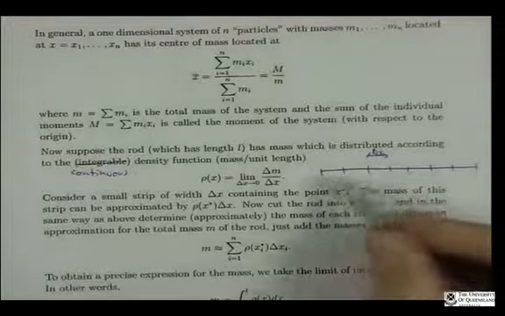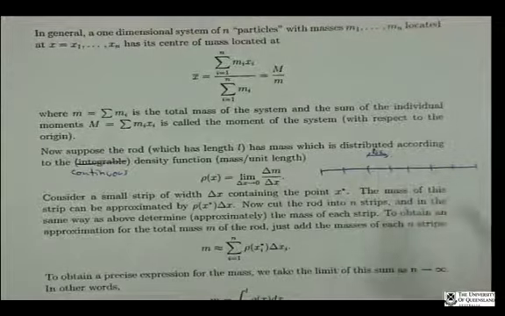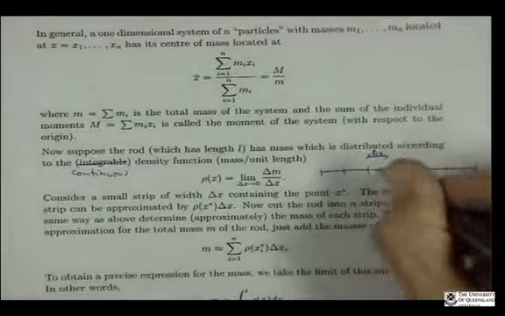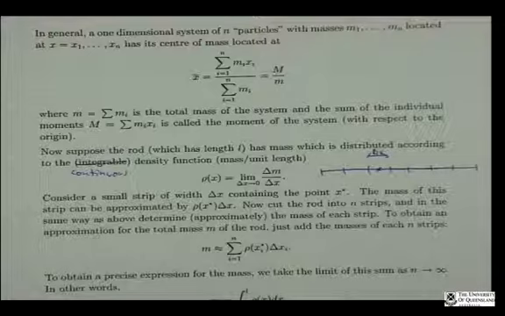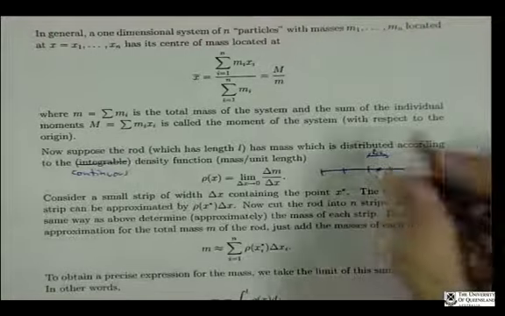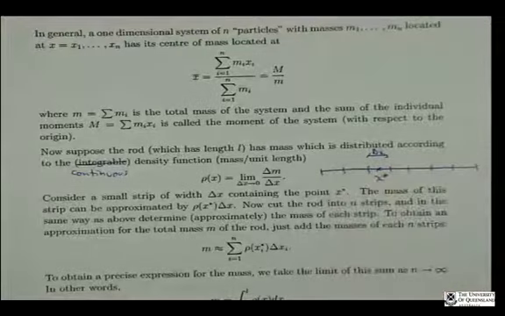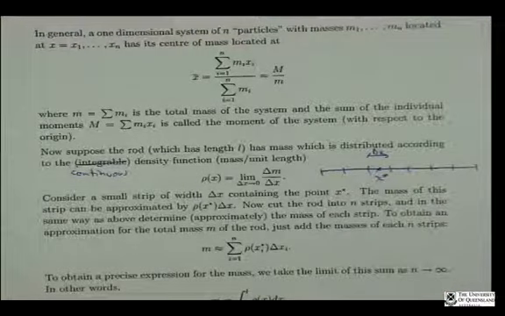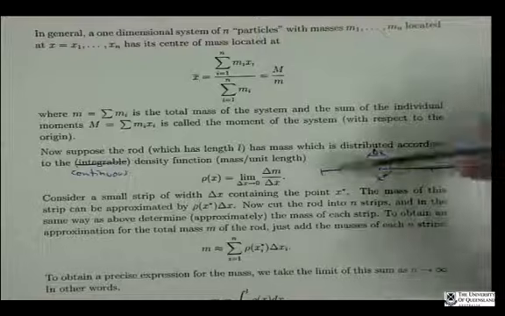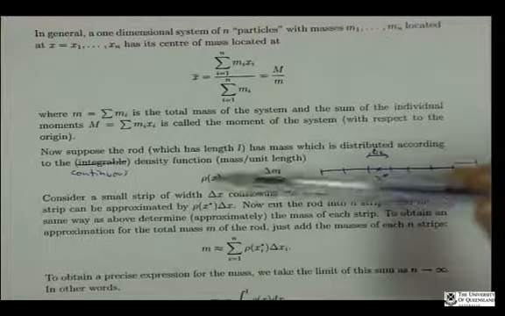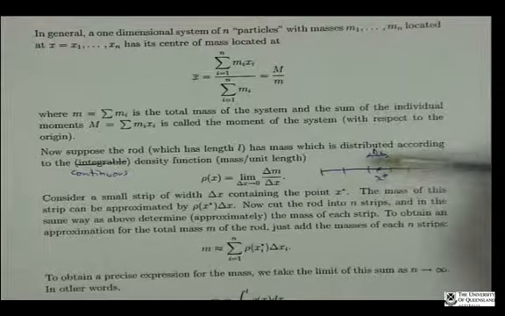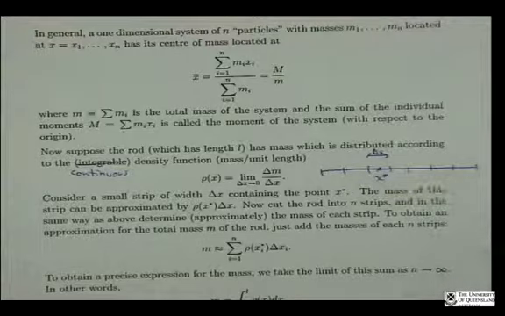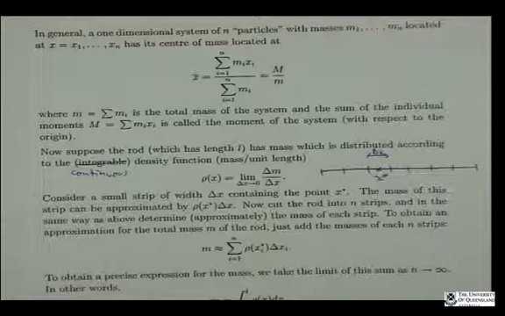All right, so what we can do to work out the mass of this object, go to one of these segments, choose a representative point, right? This all sounds very familiar. Choose a representative point in one of those segments of width delta x, and I'll call that point x star. Okay, so we've got that the mass along here is distributed according to this function rho of x. Now what I can do is first estimate the mass of this one segment of width delta x, and I'll assume that these segments are small enough.